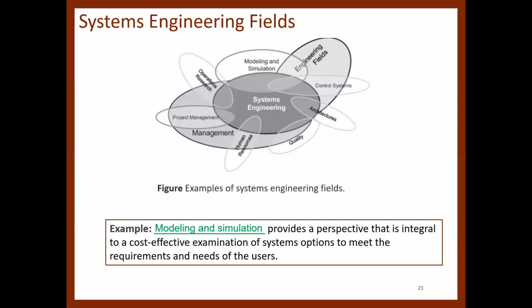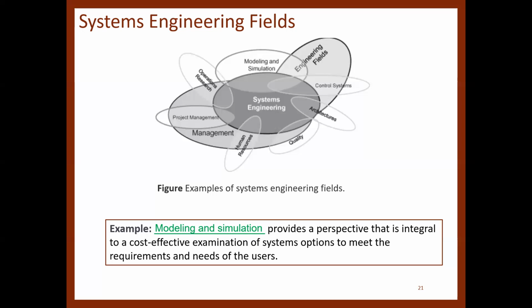and you can perform experiments in that model, and that will provide you with feedback in terms of configurations. So if you have multiple configurations, you can apply them to your computer model, and then you can see the performance of those configurations. That is a cost-effective way of doing that examination, because you don't have to build a real system.